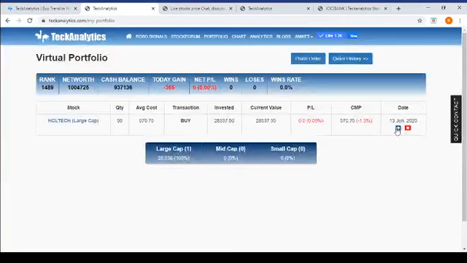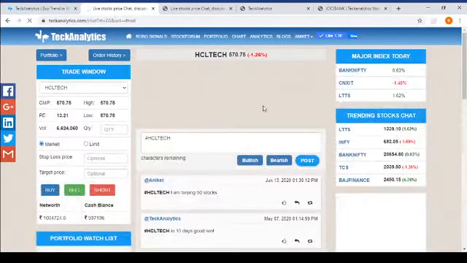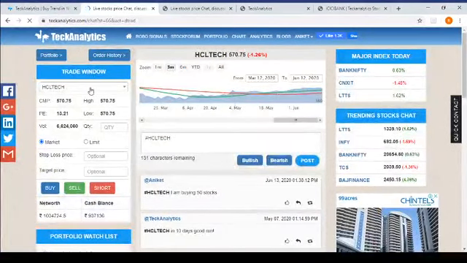Now on the right-hand side, as I said, you can modify or add. Basically, plus is adding more stock. So you do another trade of 25 stocks at CMP, and you put 550.